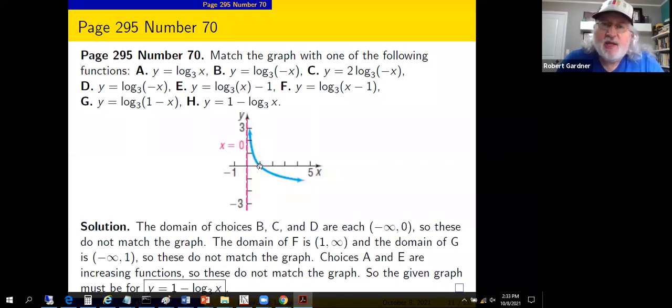It's hard to tell on the scale exactly what they've done, but this certainly has the right shape. It's got the right domain. The negative sign in front of the log function means it would be a decreasing function. We changed it from increasing to decreasing by reflecting it about the x-axis. So if any of these are the graph, it must be H. If any of these are the equation, it must be H.